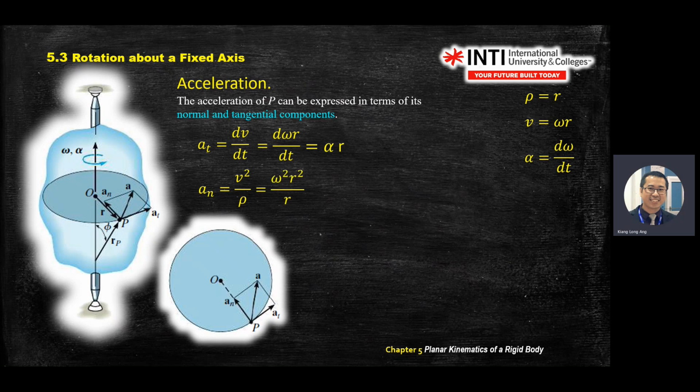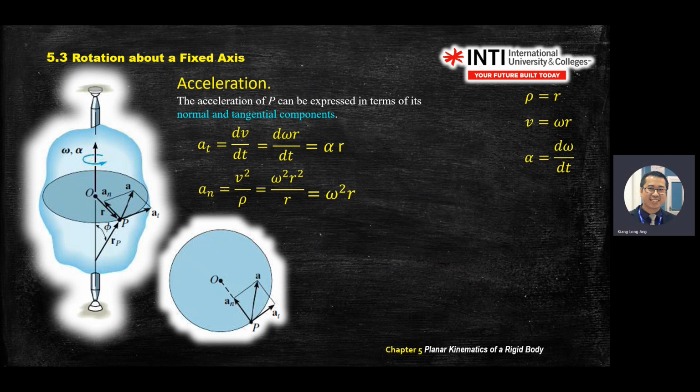Same with this one. An equal to v square over rho. What is v in an angular body? V equal to omega r. So you square it, you get omega square r square. What is rho? Rho is your r. You do your mathematics, cancel the r, you get omega square r.